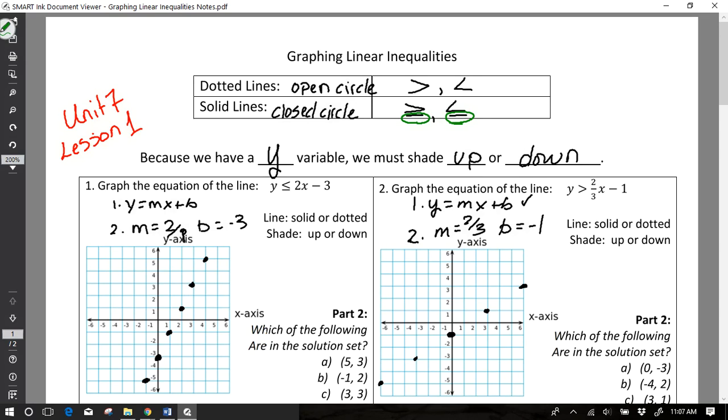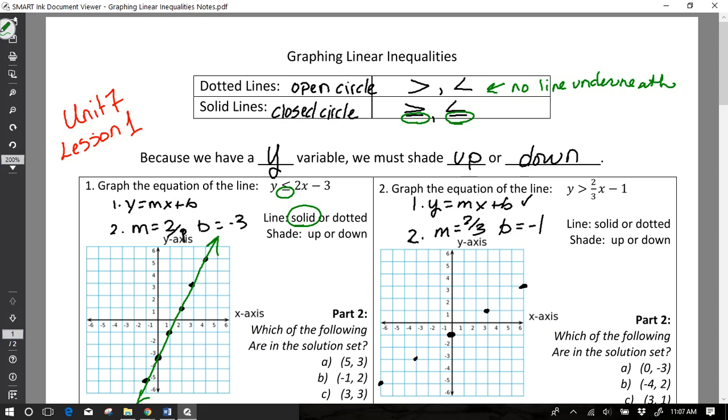If there is no line underneath, then it will be dotted. Okay, so no line underneath. I think I spelled that right. I don't know. Okay, so I'm just going to circle that. Is there a line? Yes, there is. So it's going to be solid. So let's go ahead and create that solid line.